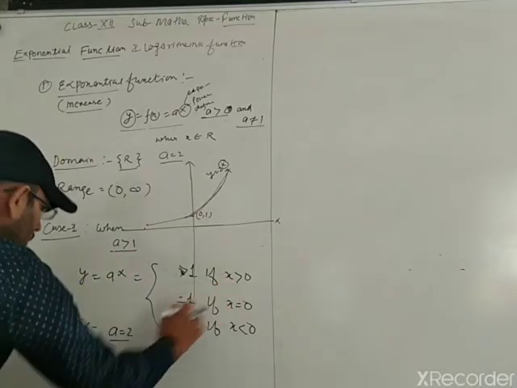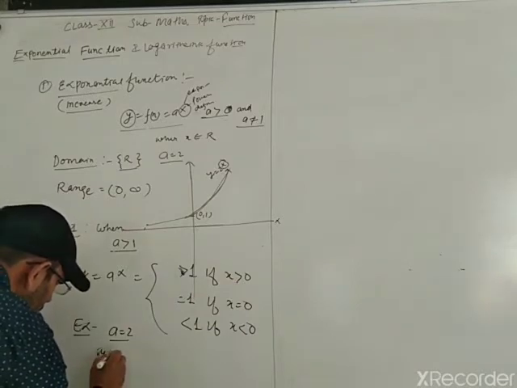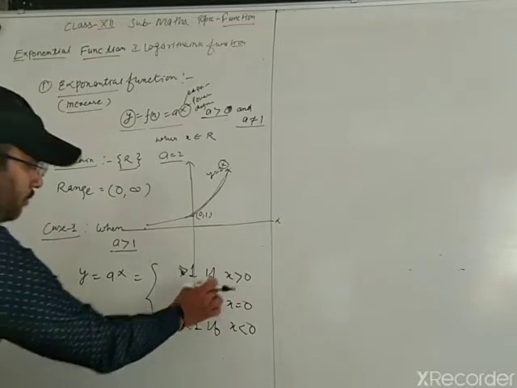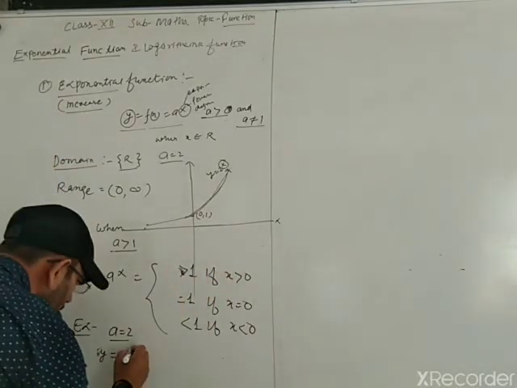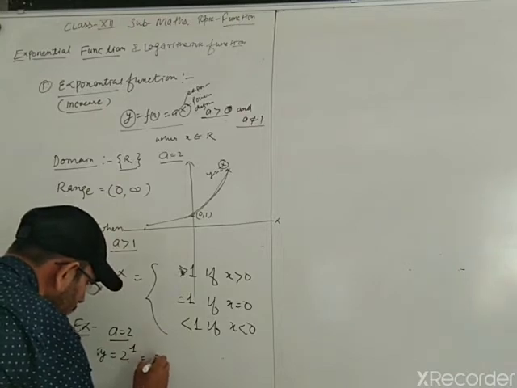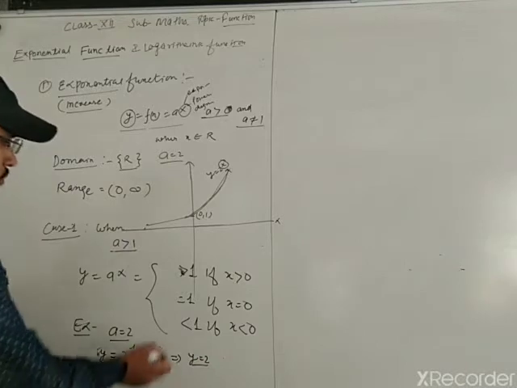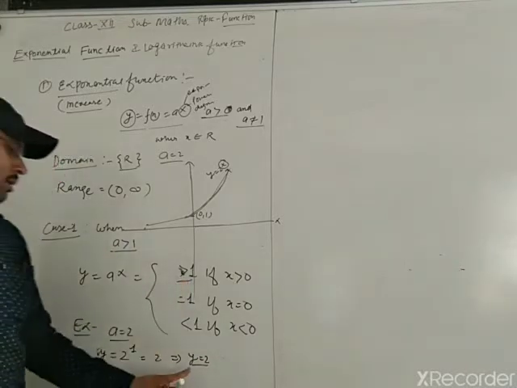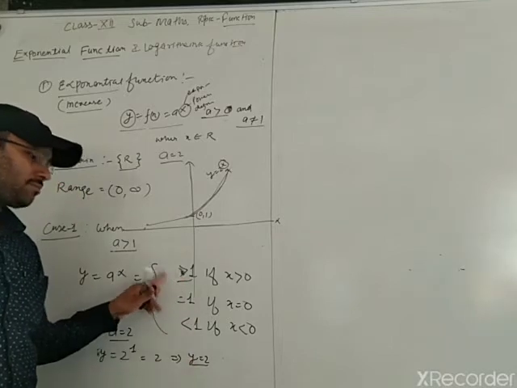So first case, y is equal to 2 to the power, and we have to take a power greater than 0, so we can take 1. So what do we get? 2. So in this case y is equal to 2. Just look at that. The value of y is greater than 1.